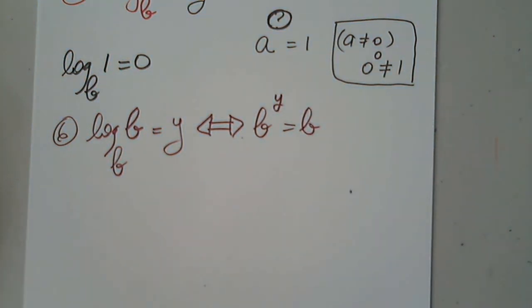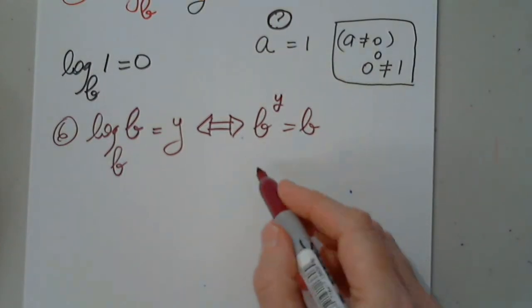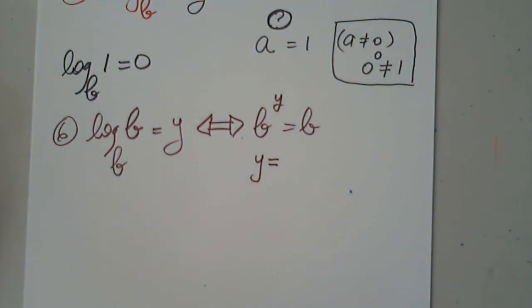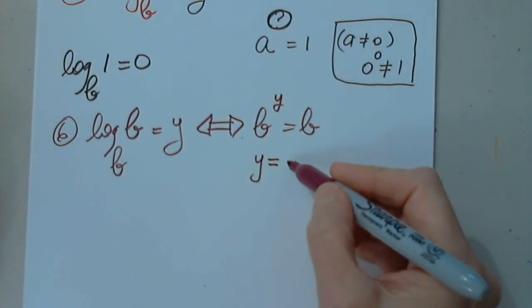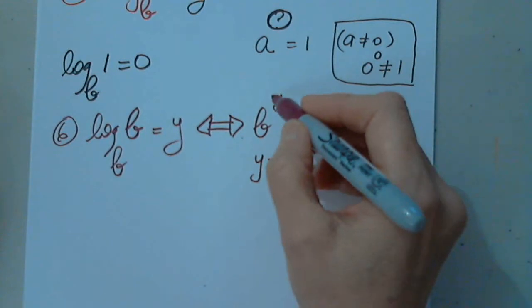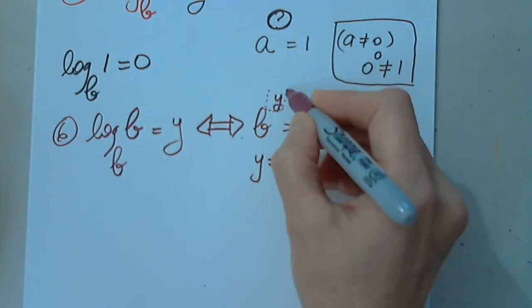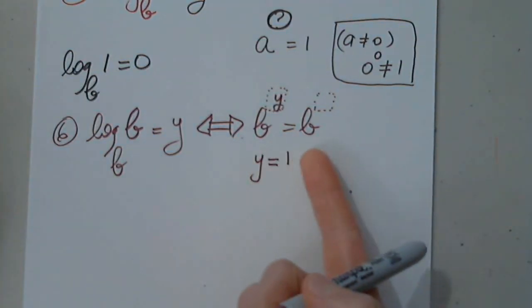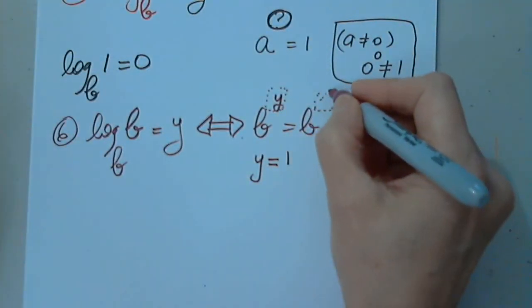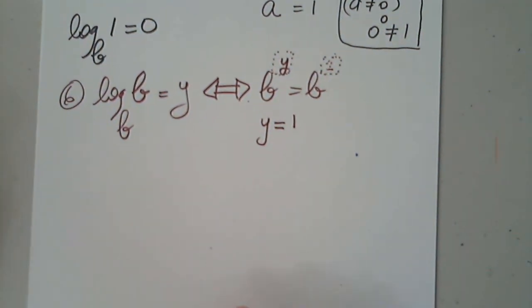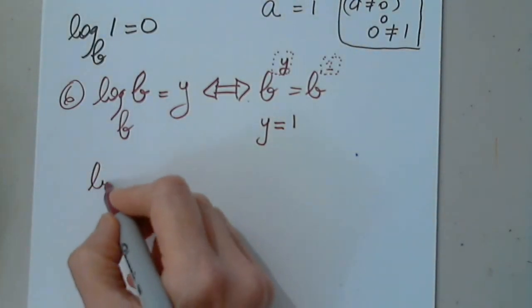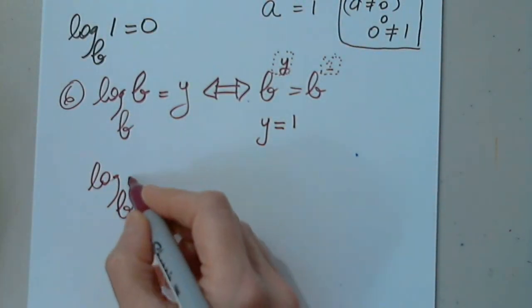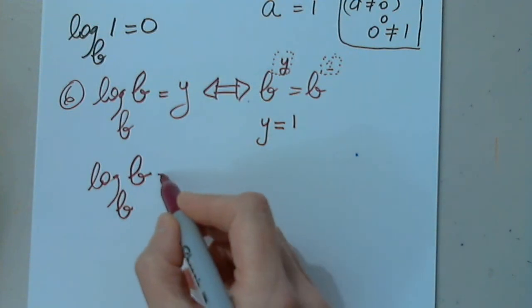So what is your assessment? What could y be? 1. Exactly, because this power must equal this power since they have the same base. So the only chance is 1. So here's property 6: log in any base of the base itself is 1.